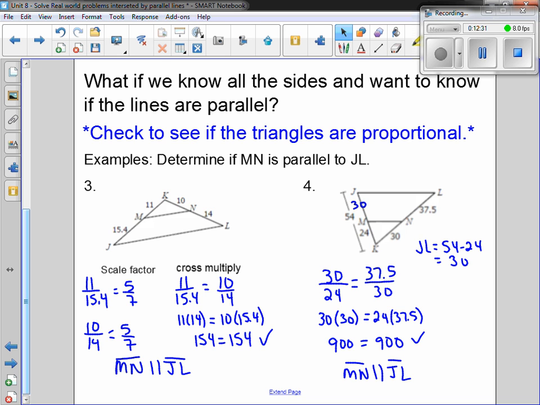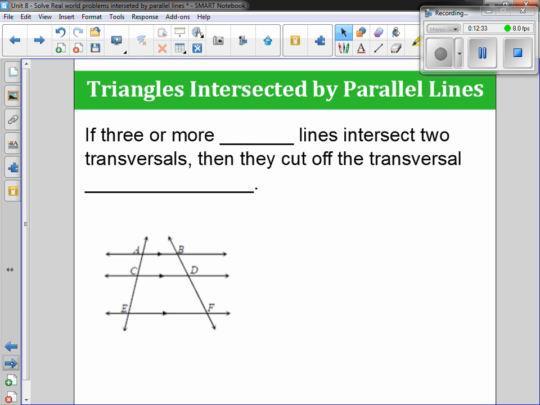Our last skill for this section is when we have 3 or more parallel lines that are intersected by 2 transversals, then they cut off the transversal proportionally. So I would state that AB is parallel to CD is parallel to EF.